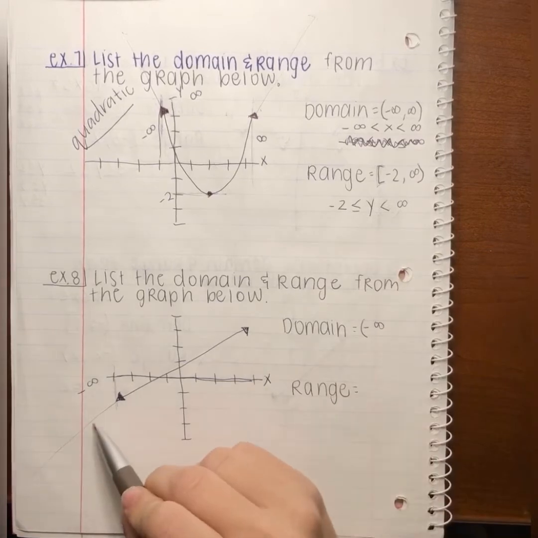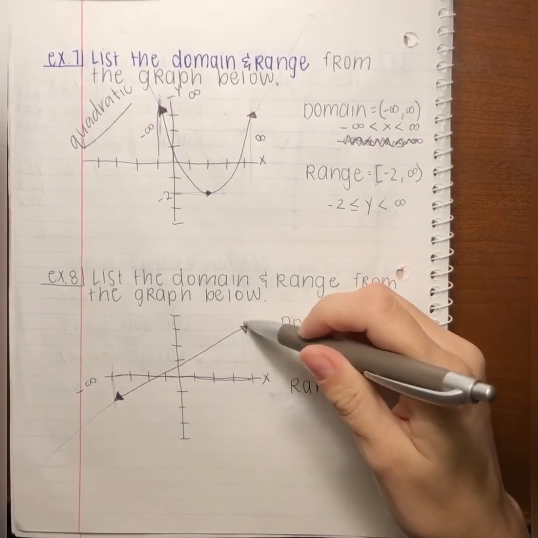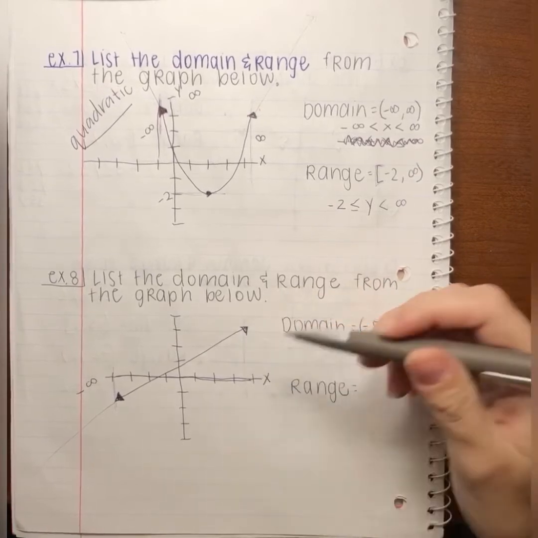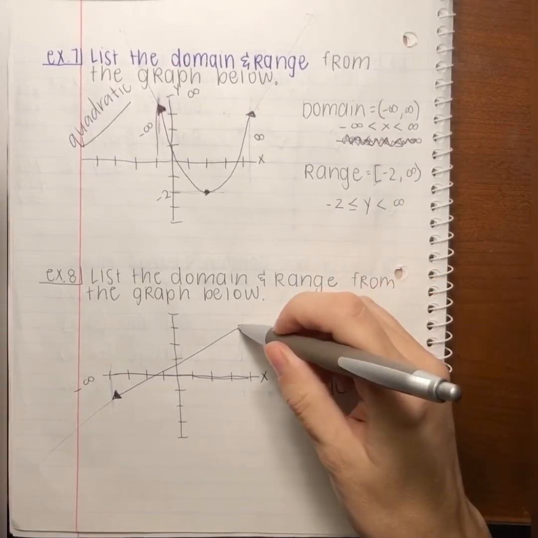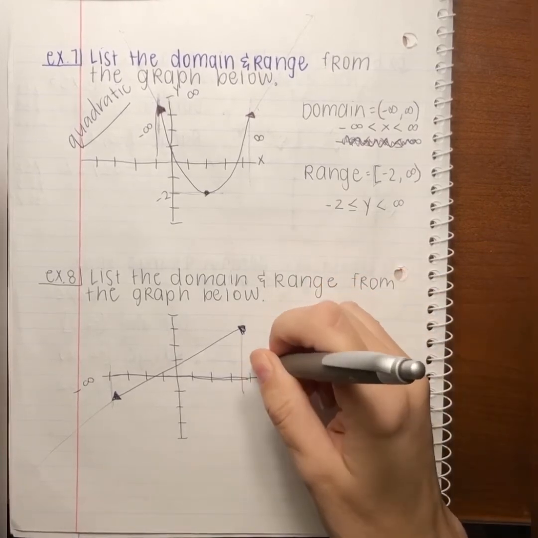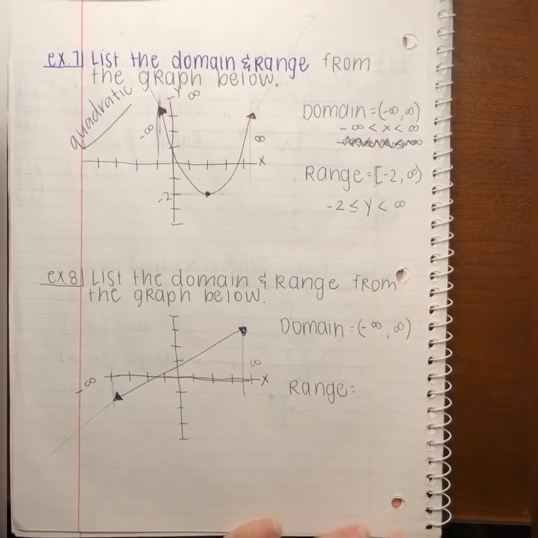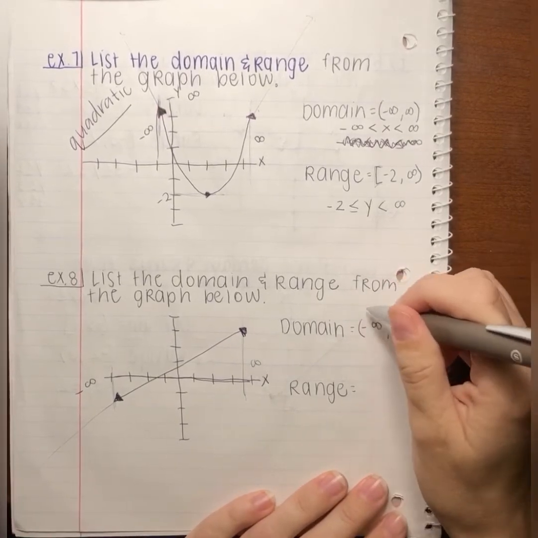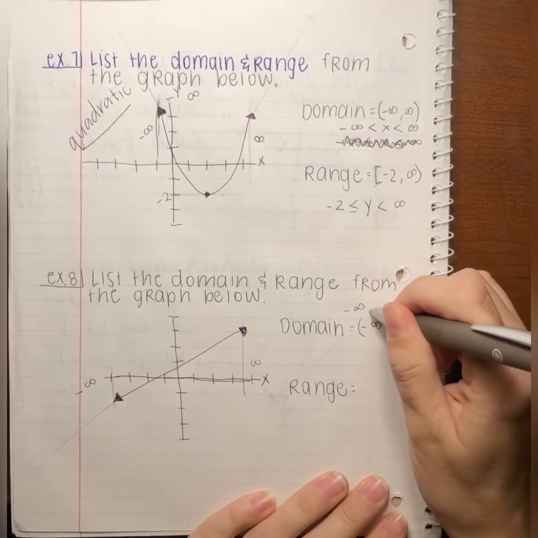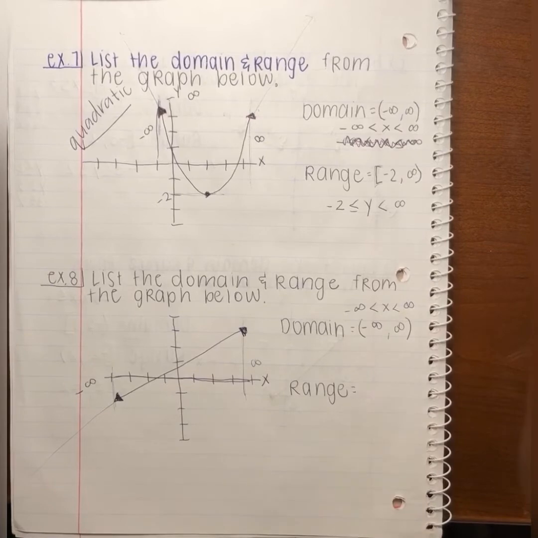And then the largest I'll go to stops right here, okay? About 3.5 maybe, but it stops at an arrow, which means it doesn't actually stop. It's gonna keep going to infinity. So that will always be your domain for linear. -infinity is less than x, which is less than infinity.